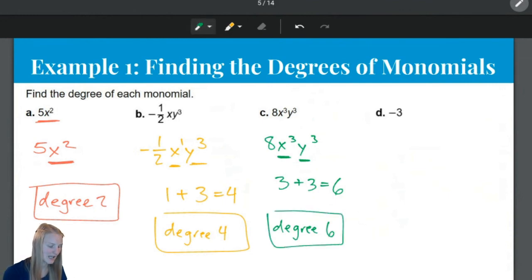All right, and lastly, we'll look at -3. Remember how we talked about how numbers by themselves are constant. So this is called a constant because it's just a number. Whenever we have a number, we can think of this as -3 times x to the 0.